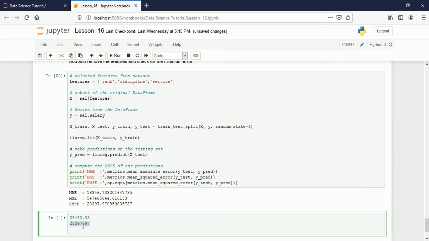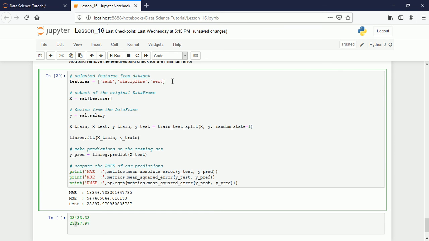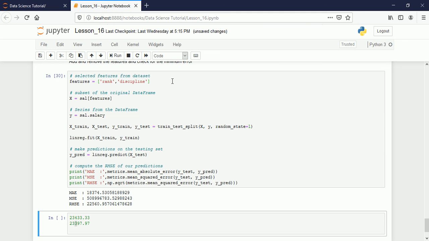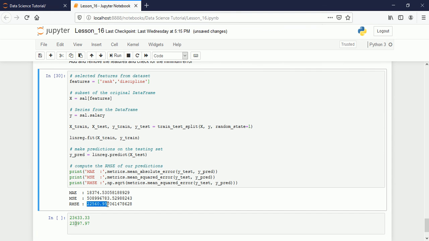It was 400 and now it becomes 300 here. Now I'm going to reduce the next feature, and let's see whether the number of errors reduces or not. Yeah, it is reduced, friends.